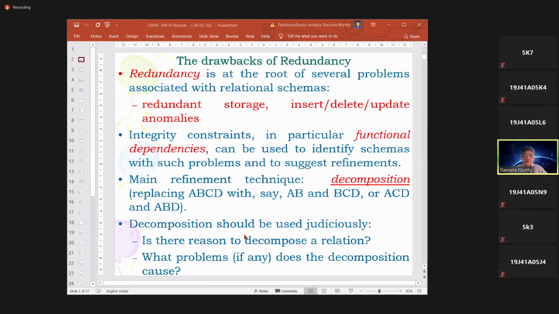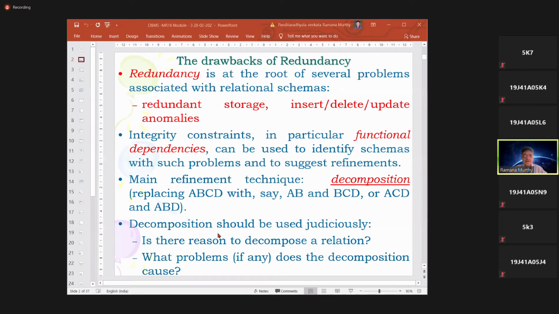It also suggests what refinement we can do, how to avoid the redundancy, with reference to the integrity constraints. So we identified the meaning of redundancy.